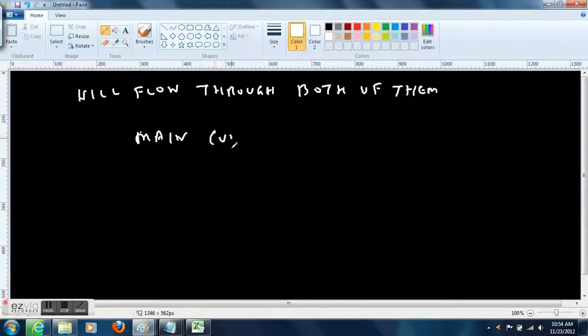Now the main current flow is 0.5 ampere.